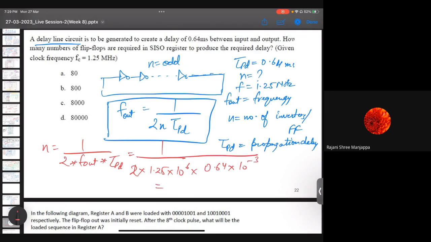Can you tell me what number is coming? You can use calculators. Okay, 800. Fine. I'm not rechecking if it is coming 800. So the correct answer to this question is option B.